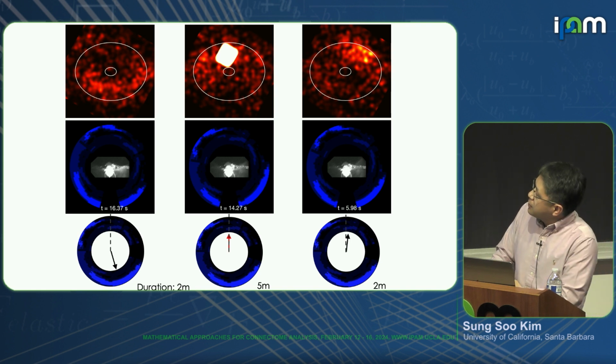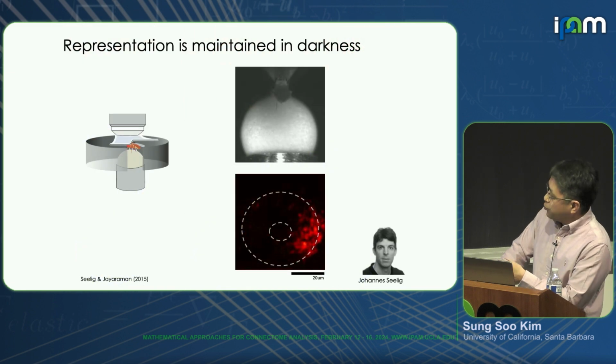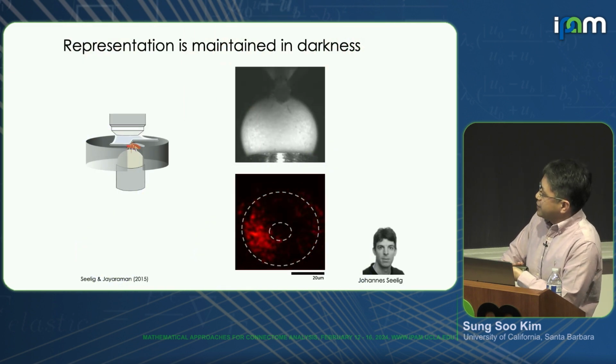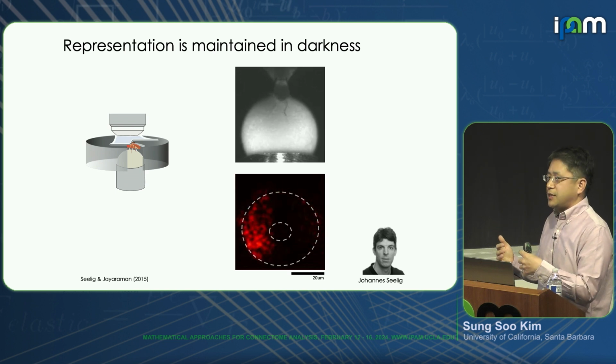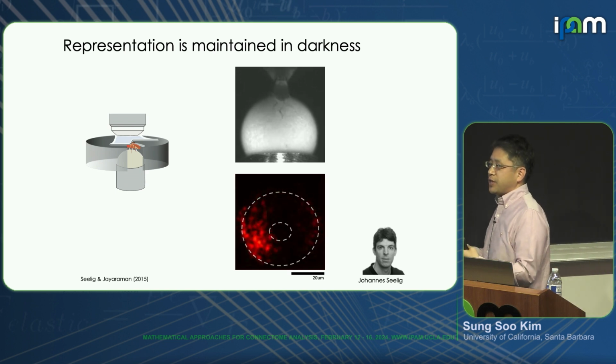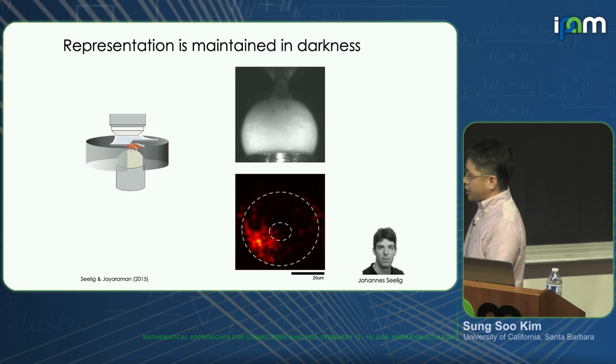So we developed the model, and to explain the model, I need to go back to Johannes' experiment. So the fly is now in complete darkness, which kind of represents the situation when the visual input does not provide any meaningful directional cue.